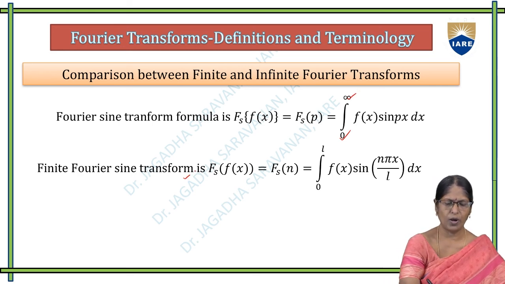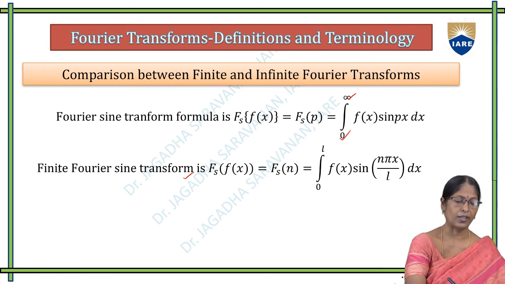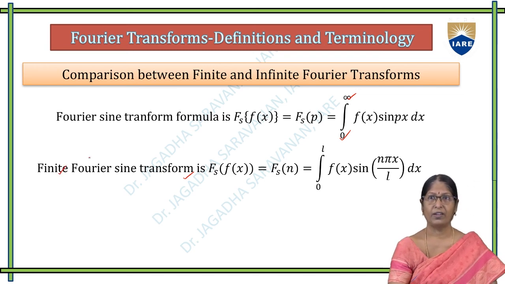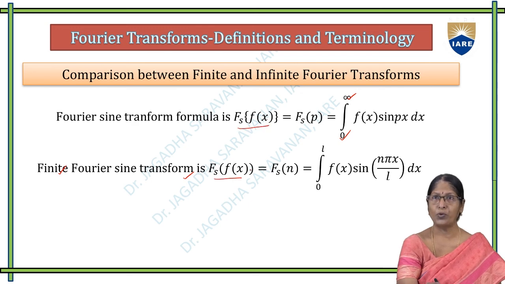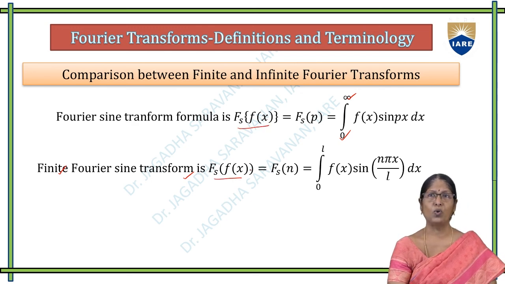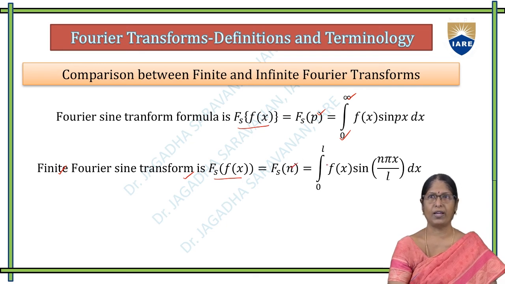The second one is the same Fourier sine transform, but under finite, where the differences come in. Up to here, there is no change in the notation, except that here one notation used is P and here the notation used is N. This is from the standard textbooks we referred.